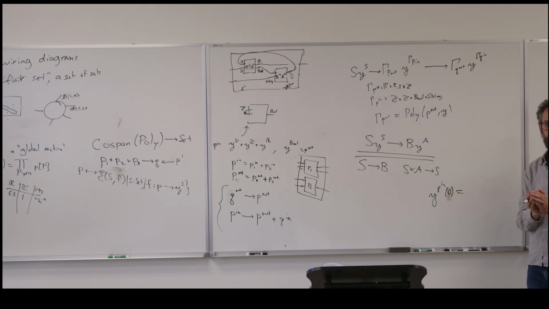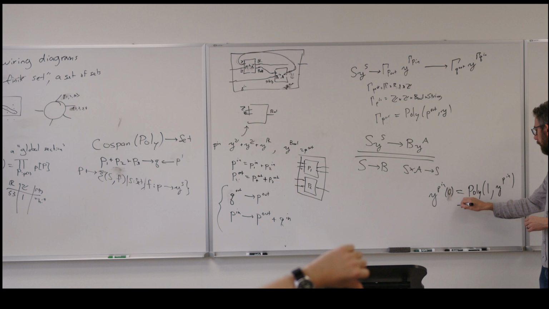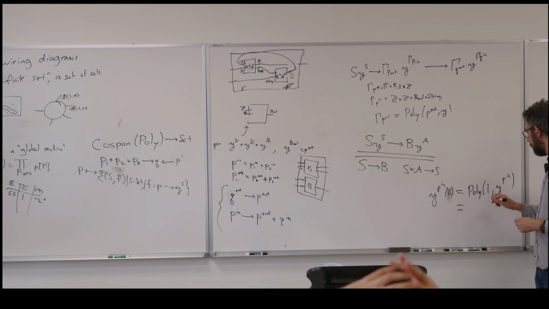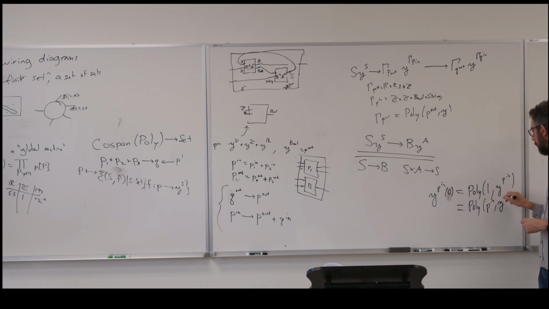It's the 0 polynomial. And this is polymaps from 1 to y to the p in, and that's p in polymaps from p in to y.